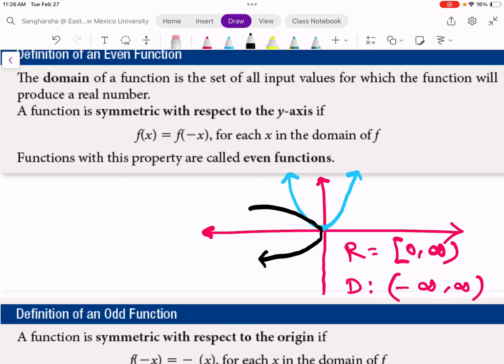Now is this graph a function? No. Okay, let's say this is graph 1 and this is graph 2. If we observe graph 1, what is the y-axis doing to our graph 1?